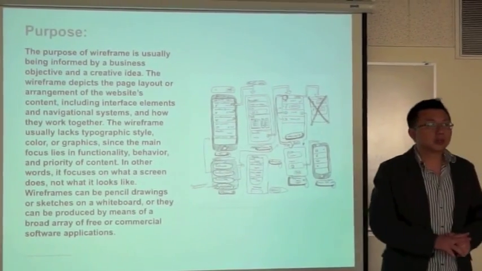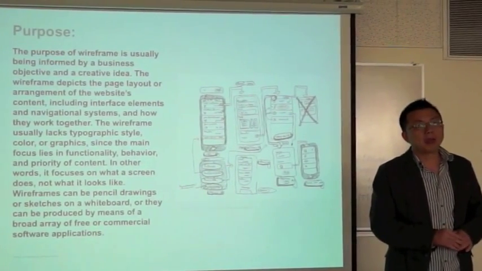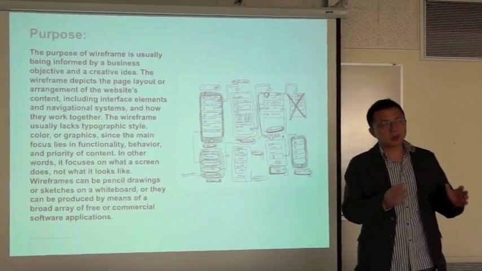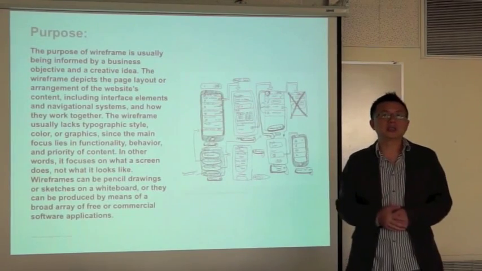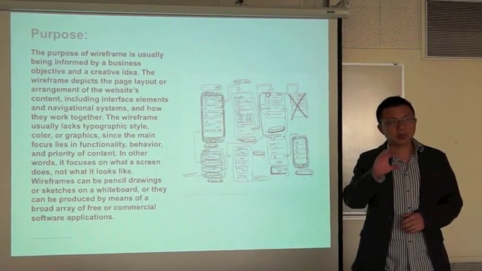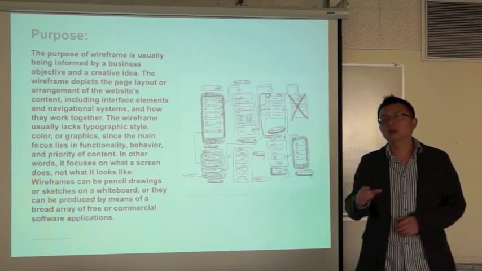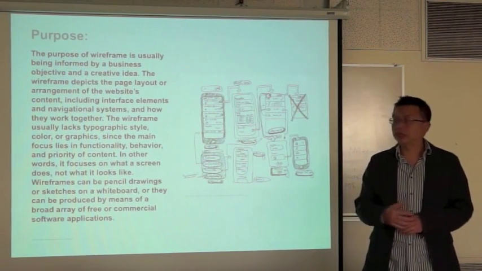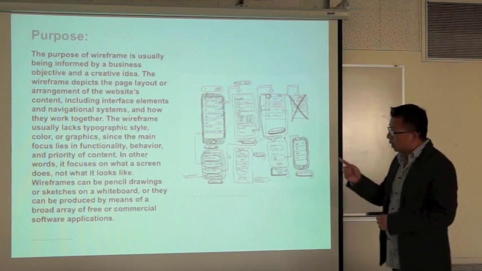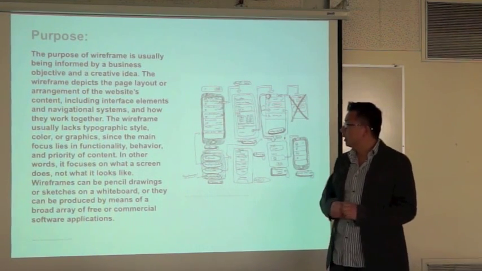It's for you to show how the content is laid out, what the relationship between each piece of content is, and what kind of elements should be more important, or how they relate to each other.